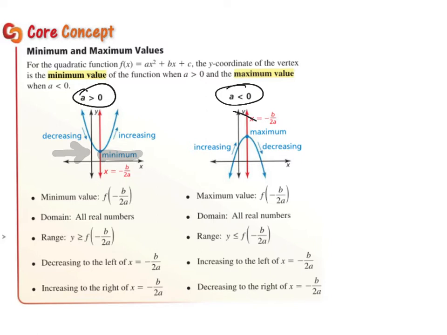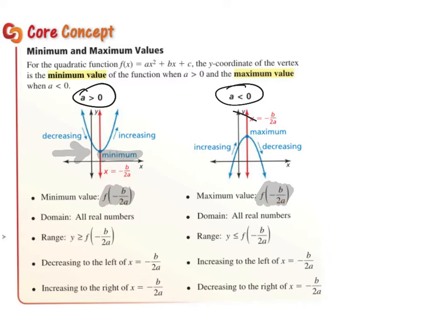Now you'll see this confusing notation here. It says the minimum value is f of negative b over 2a, or the maximum value. Remember, on the left-hand side, a is bigger than 0, so it has a lowest point. And when a is less than 0, it has a highest point. But you still calculate that point the same way.